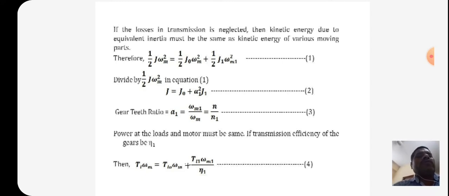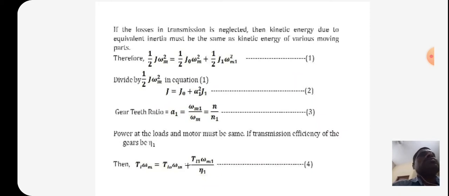Now we resolve it, and we find that J is equal to J naught omega m square upon omega m square plus J1 omega m1 square upon omega m square. This resolves to J equal to J naught plus A1 square J1. So these equations come from the moment of inertia.